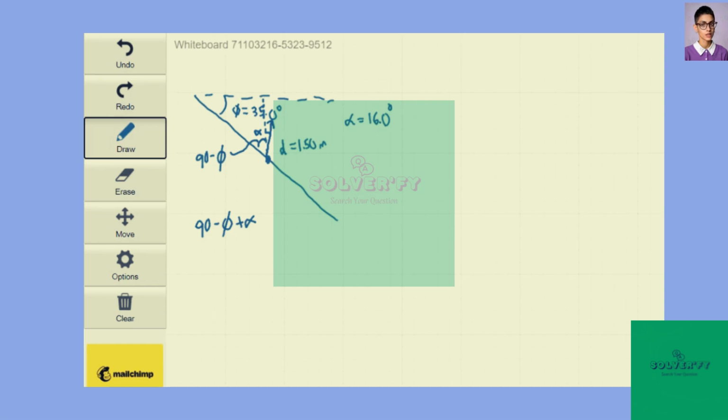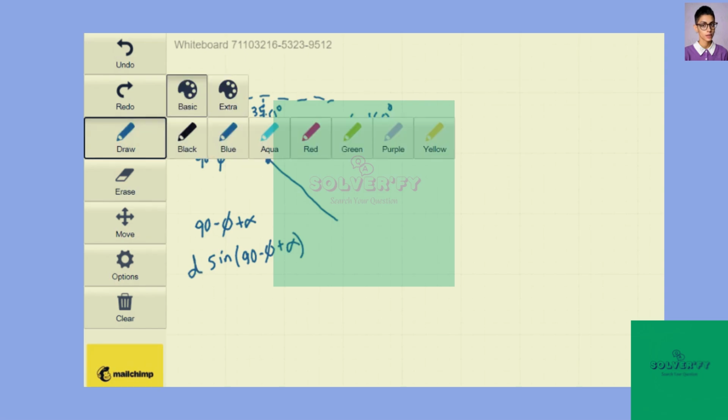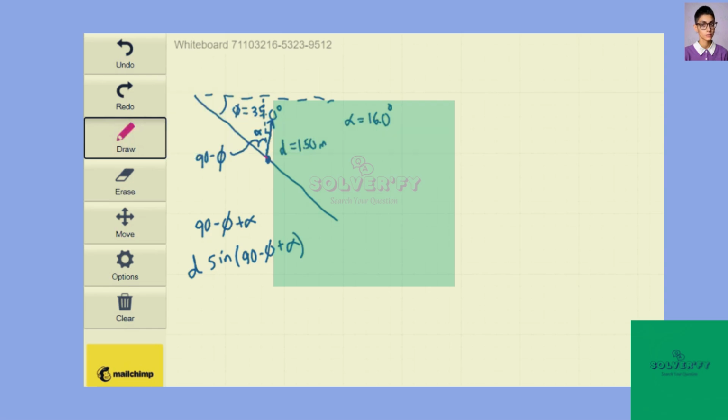But it's still less than 90 degrees. So the sine of 90 minus phi plus alpha times d is going to give us the vector in the direction.